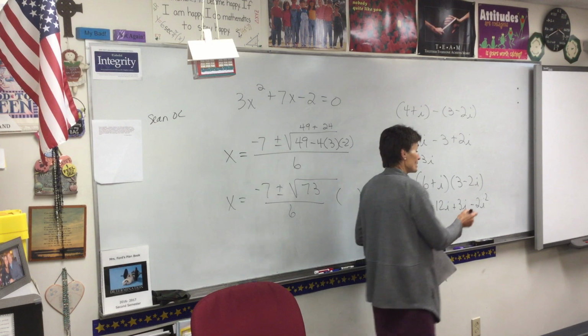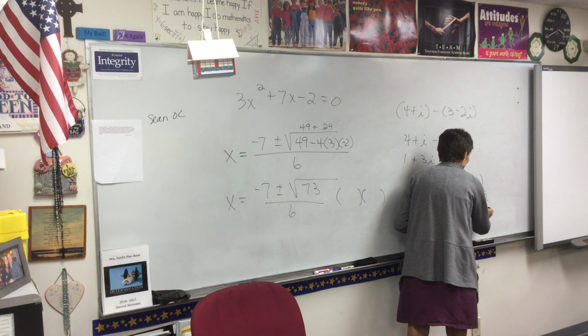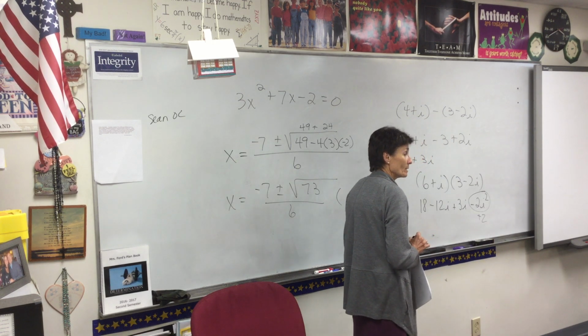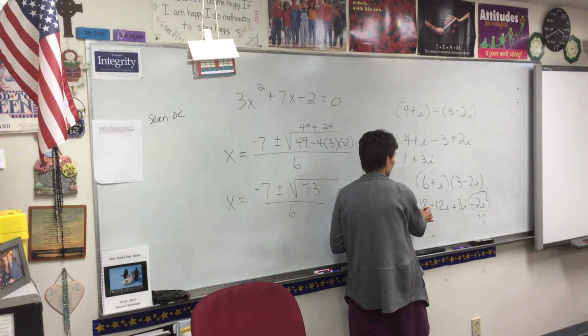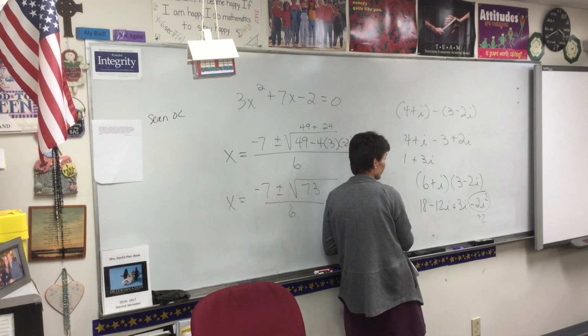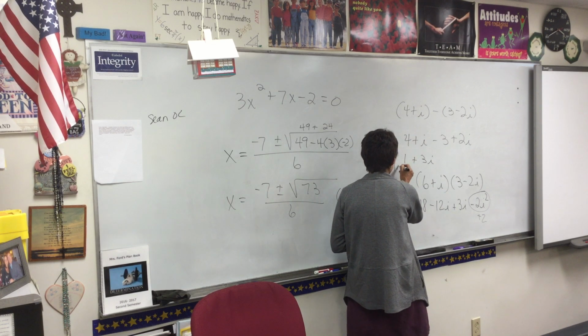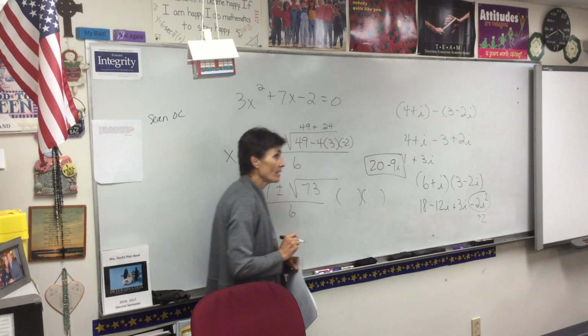What about i squared? That's -1, so this becomes +2, which can be added with the 18 to get 20 minus 9i. Does that look okay?